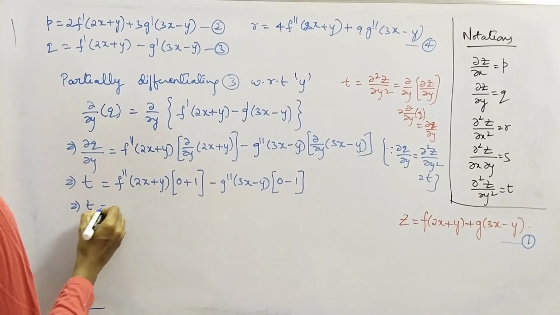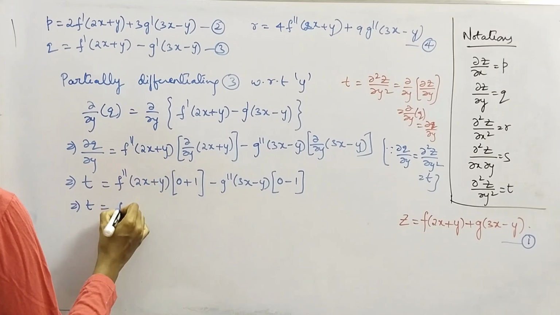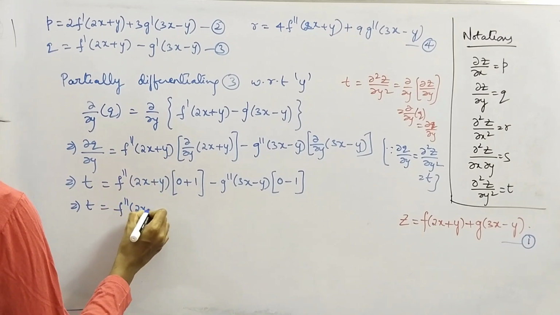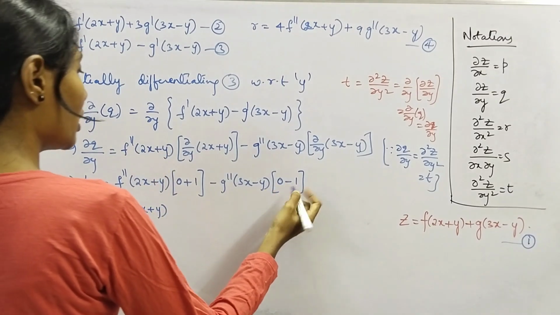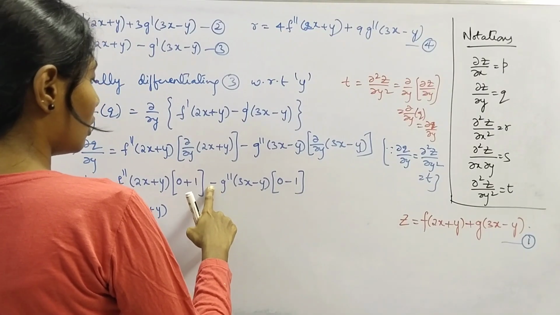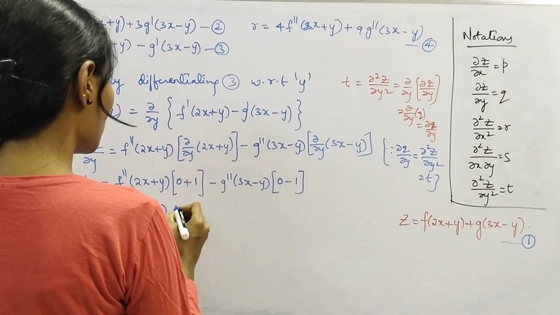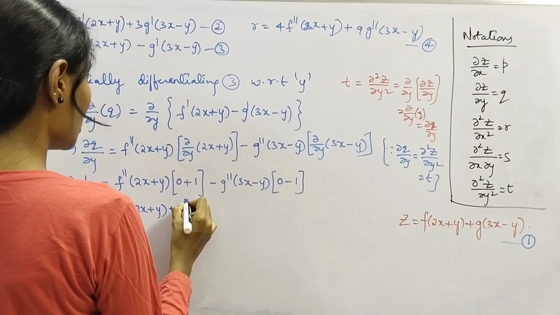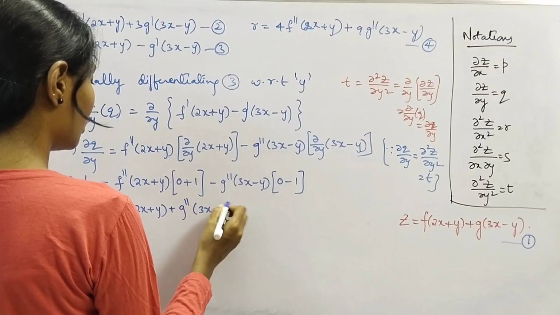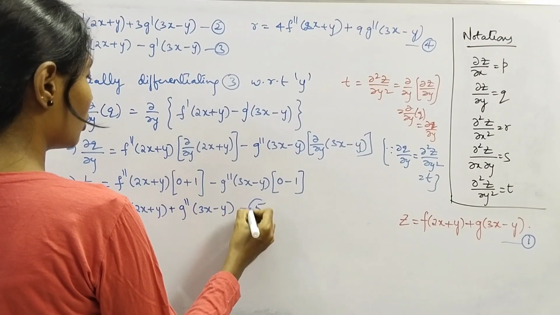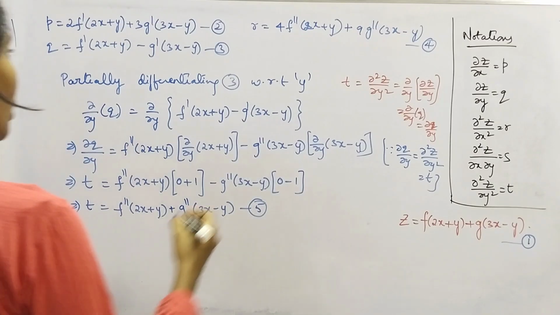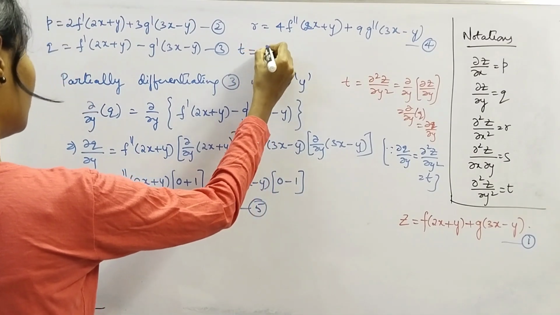This gives us t equal to (0 + 1) into f'', which is f'', minus (0 − 1) into g'', minus into minus is plus, so plus g''. Consider this as equation number 5. We got equation 5 which is involving t.